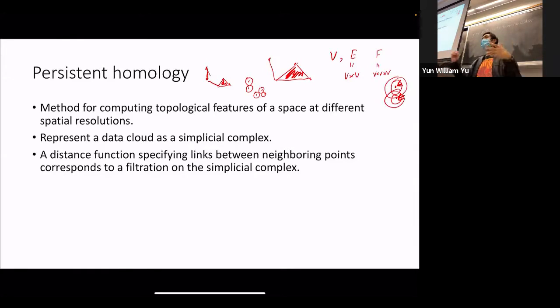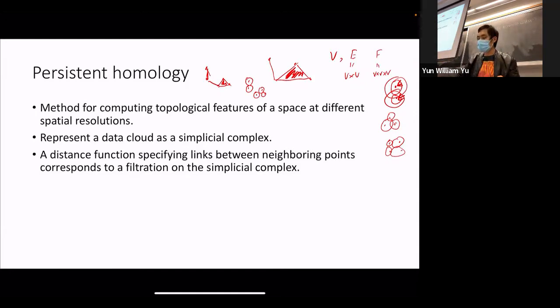And when you start having these things merge together, you end up with some shape, right? And this shape has topological quantities, because let's say as these points all merge together, maybe you're left with some hole in between. So you're left with an actual hole in the merged space.